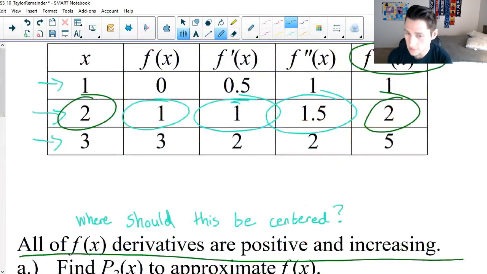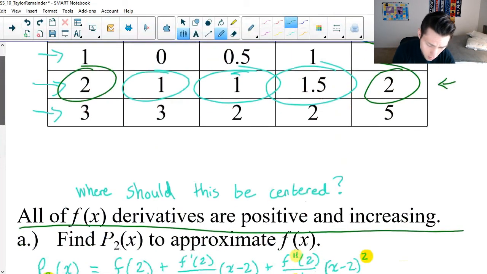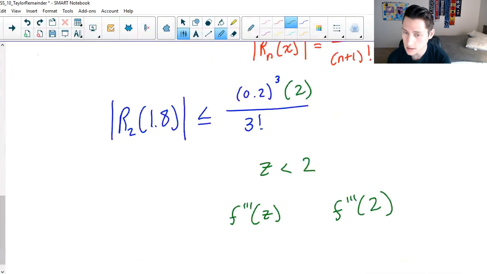All of the derivatives are positive and increasing. So we go from 1 there, we're increasing to 2. So since z is something that's less than 2, I know then the third derivative of z must also be less than the third derivative of 2.